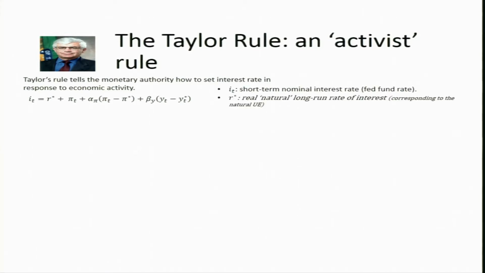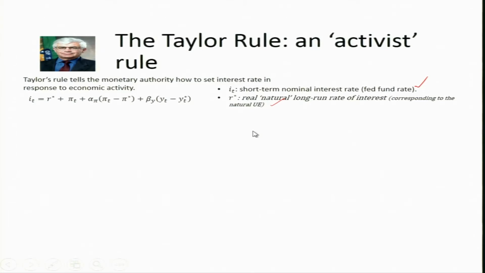So this is what we can see here: i_t means the short-term nominal interest rate. In our discussion we know that this is the Fed fund rate, which we had discussed at length in the previous sessions. Then comes the rate r star, that is the real natural long-run rate of interest, corresponding to natural unemployment.